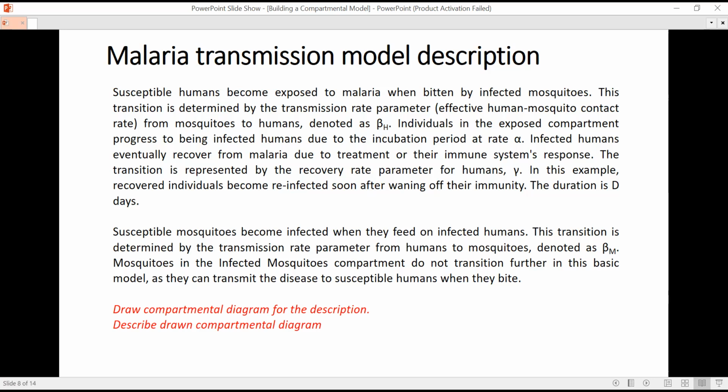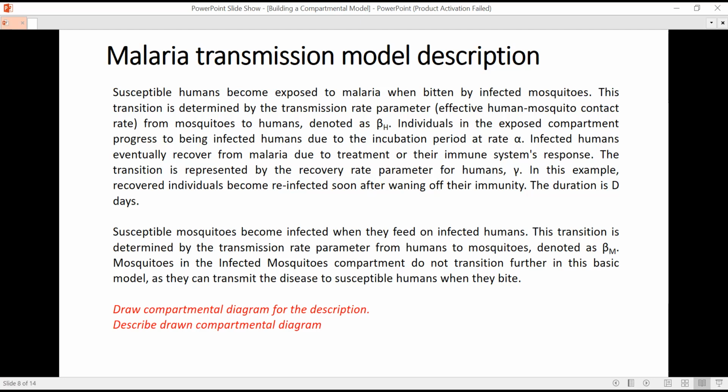We also have something on mosquitoes. Susceptible mosquitoes become infected when they feed on infected humans. This transition is determined by the transmission rate parameter from humans to mosquitoes, denoted by beta, which is the force of infection for mosquitoes. Mosquitoes in the infected compartment do not transit further in this basic model, as they can transmit the disease to susceptible humans when they bite.